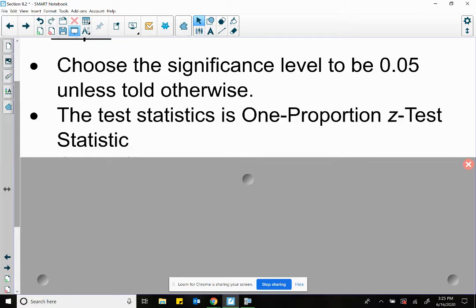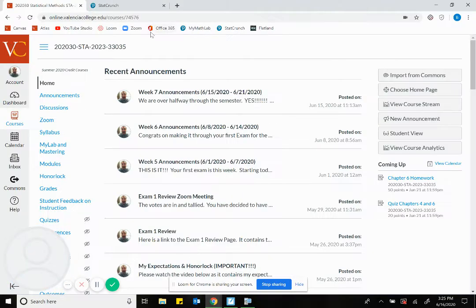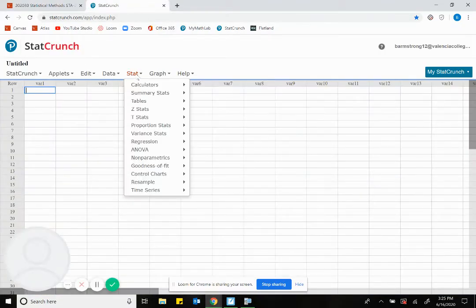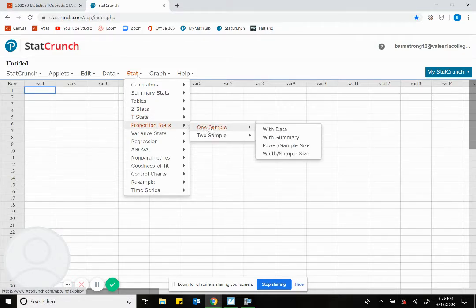Right now, our test statistic is a 1 proportion Z test statistic. In StatCrunch, you'll go under Stat, Proportion Stats, 1 sample, and most of the time we're going to be doing it with summary.